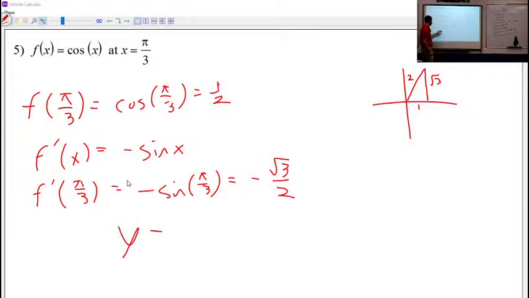So we're going to have y minus our y coordinate, 1/2, equals the slope, negative root 3 over 2, times x minus your x coordinate, which is pi over 3.